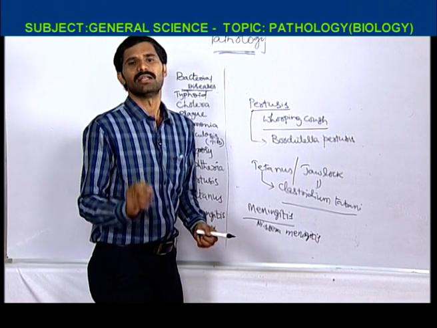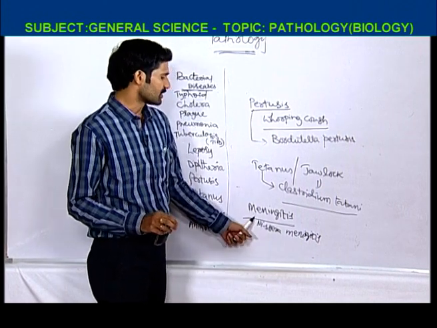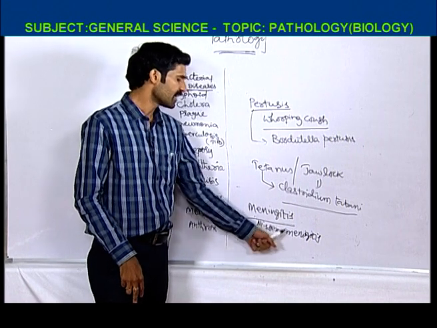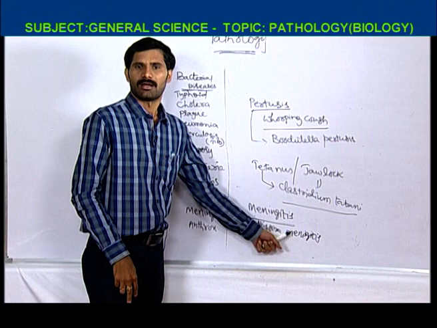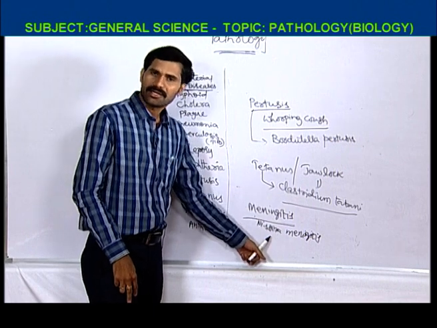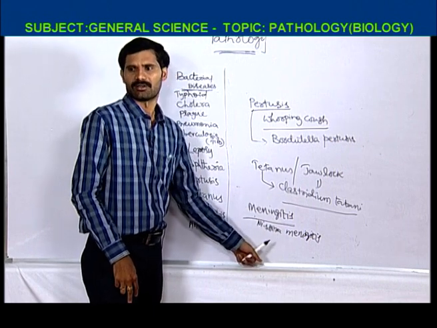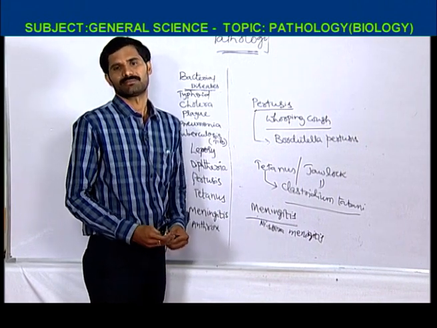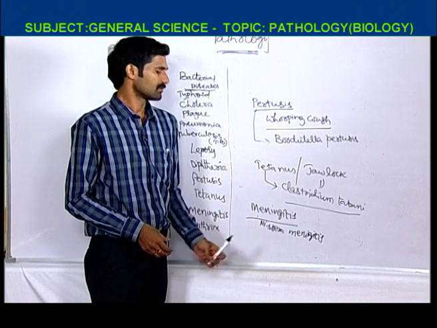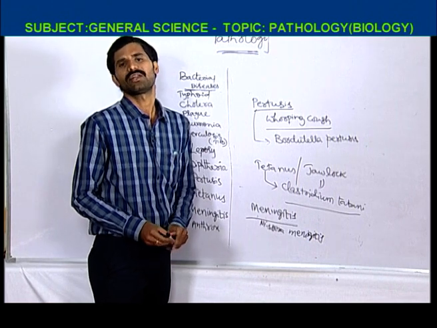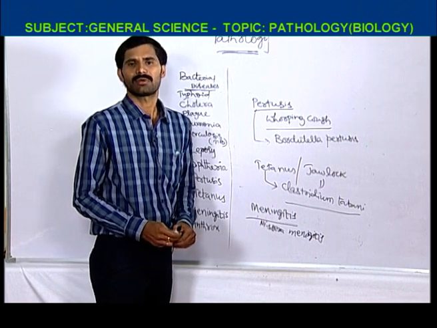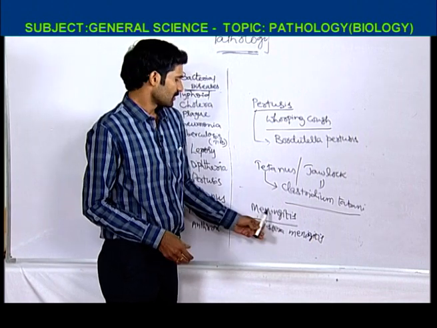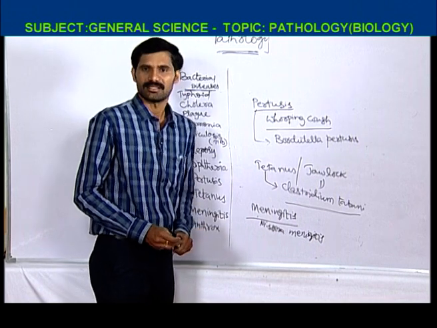Meninges are nothing but layers. Meningitis is caused by a bacterium, Neisseria meningitidis, and in the layers of the brain and spinal cord inflammation takes place, which leads to swelling and abnormal or inactive functioning of the brain. Hence it is called meningitis.